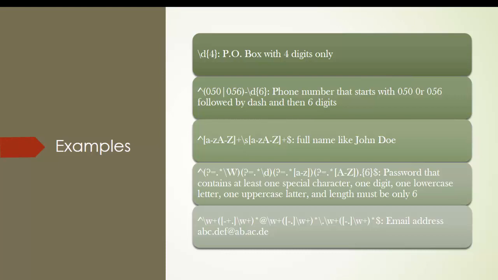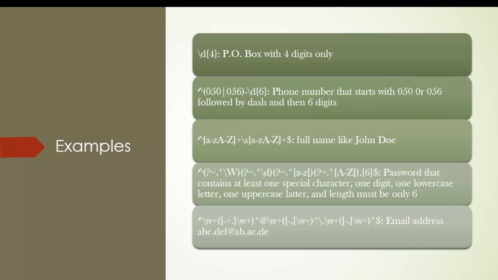So by now you already know that the caret and the dollar at the beginning and the end of our regular expression means that this is the beginning and the end of our text we are matching or we are validating. So the ABC means we are looking for any word character, so any letter.